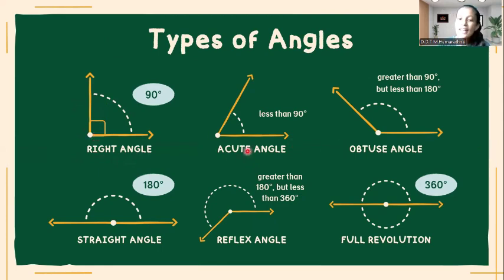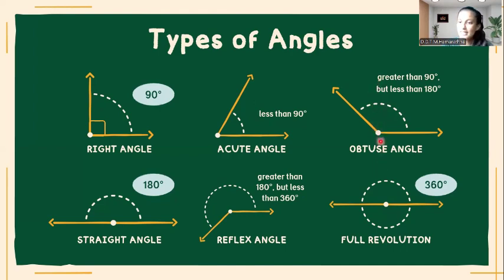Here, this is an acute angle because the magnitude of the angle is less than 90 degrees. So we call it an acute angle. This is a little bit different. You can see here, the magnitude is greater than 90 degrees. That means it is larger than a right angle.